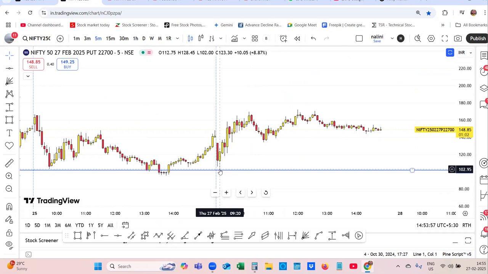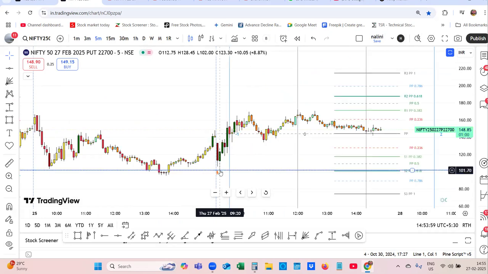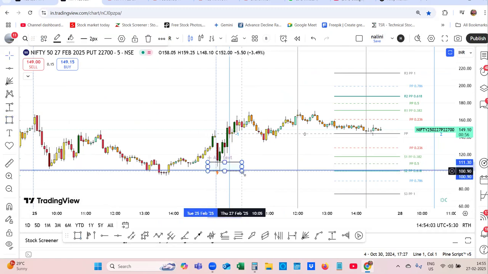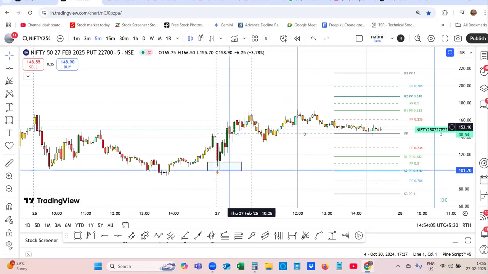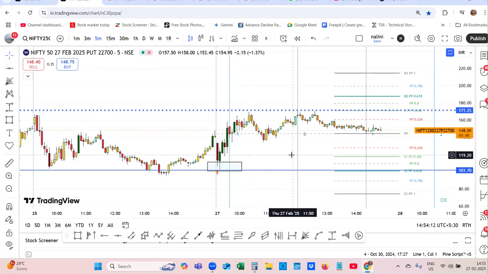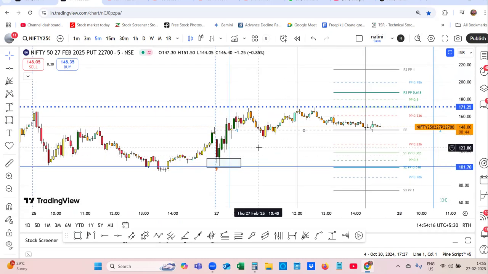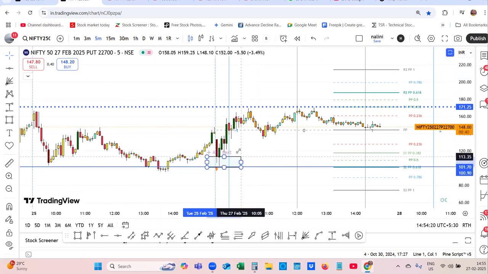See, you can see over here in the first candle itself, 101, and it reached the target of 169 in the market. 169 in the market. Okay. So the same procedure you can do for the put option also, whether you want to buy the put option.